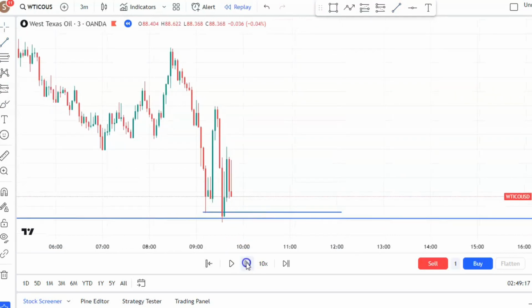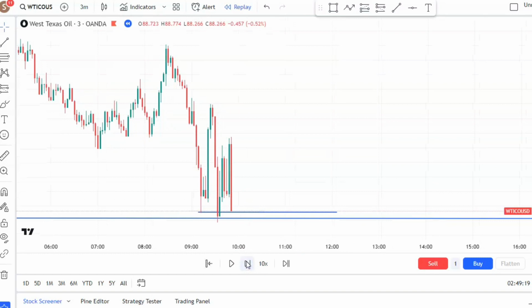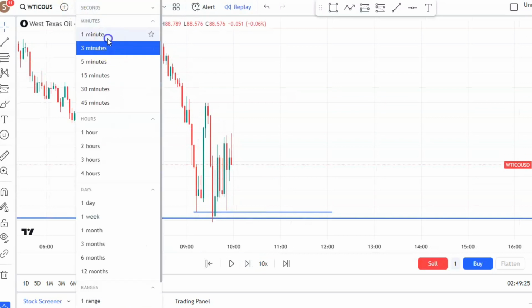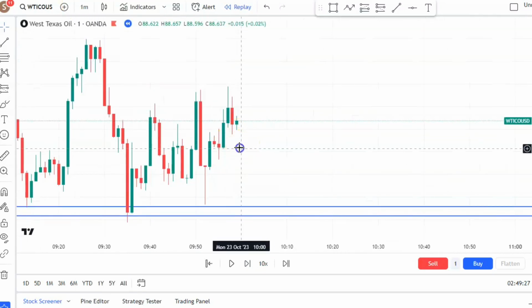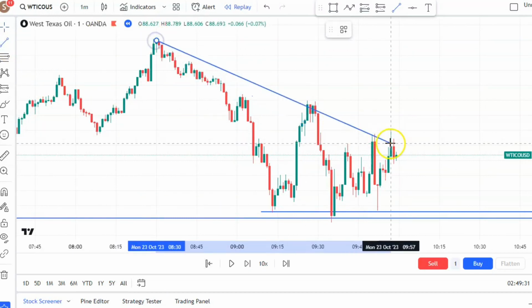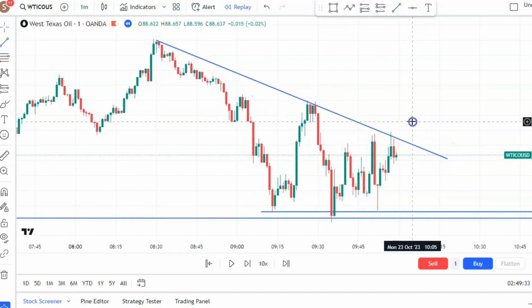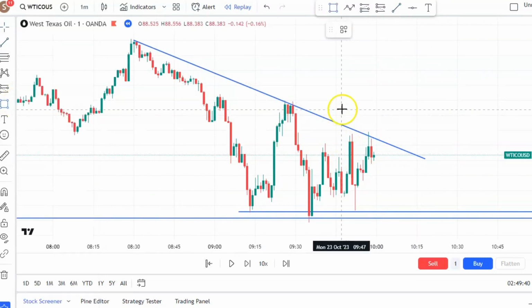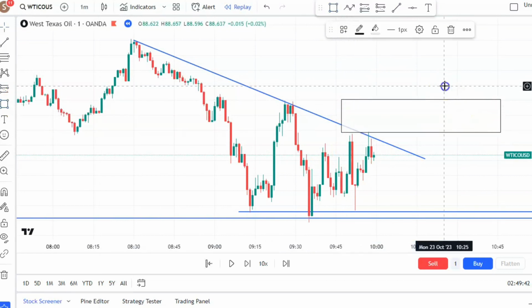I want to see 3 pushes up into that area. So we have 1 push, 2 push, and then we have the third push. So in this third push, we have this nice trend line. So I want price to give me, this is where I would like to see my entry.